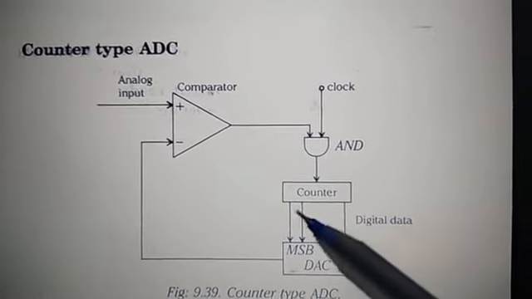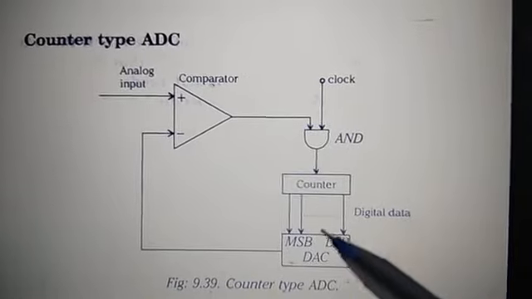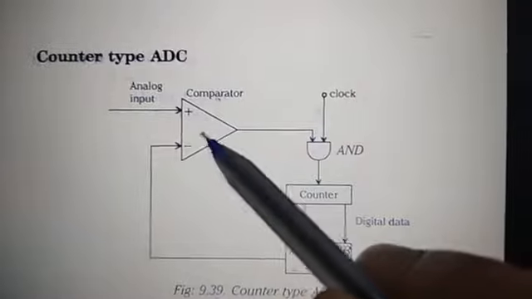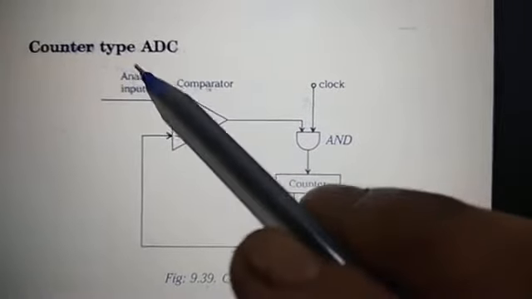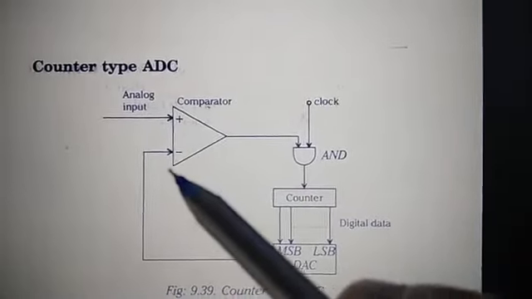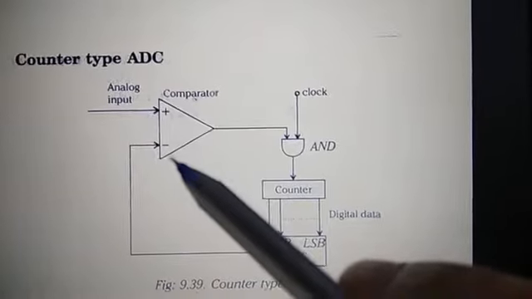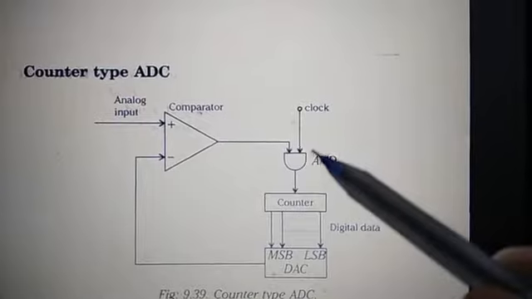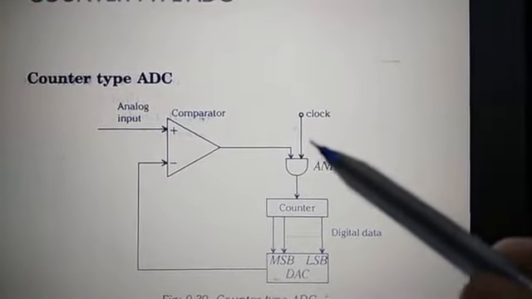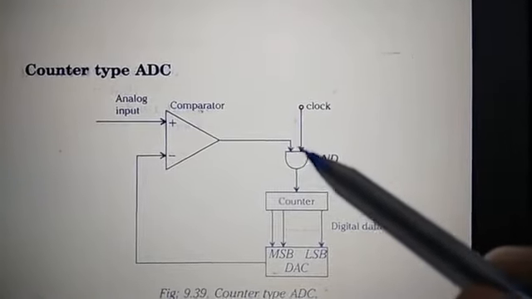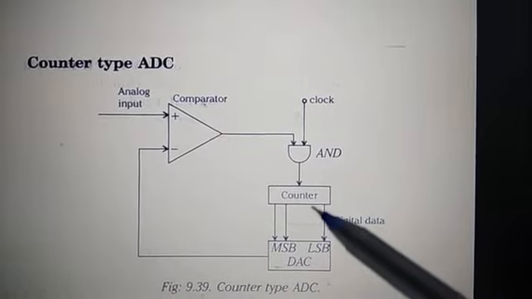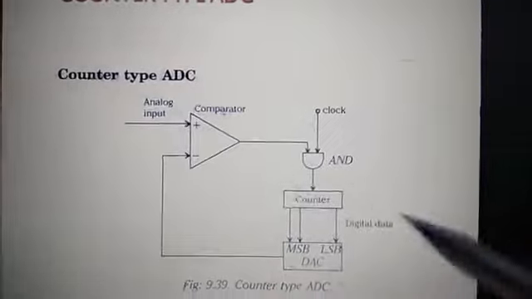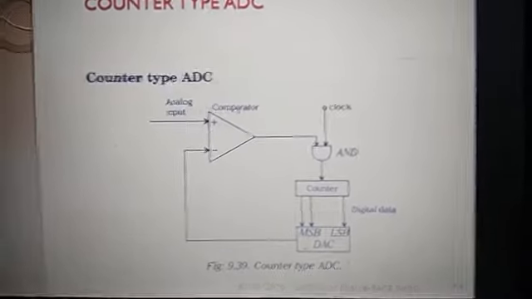If there is a change in the digital output, according to the bit position, this feedback is given to the comparator. Again the analog input and the comparator's inverting terminal input will be compared and provide the output, along with the clock pulse, and the change in output will again be given to the counter, and it will change the bit position. This process will continue till the end of conversion.